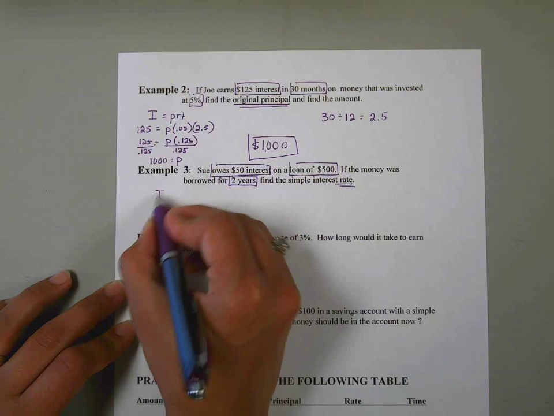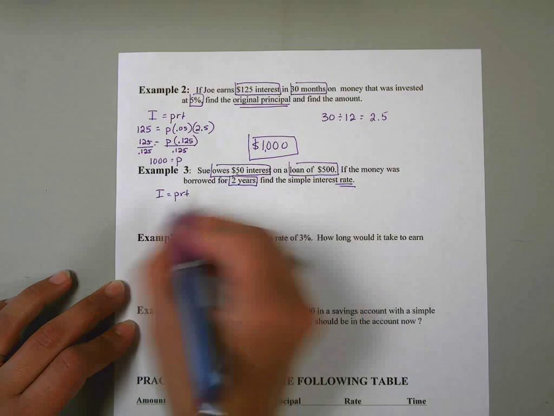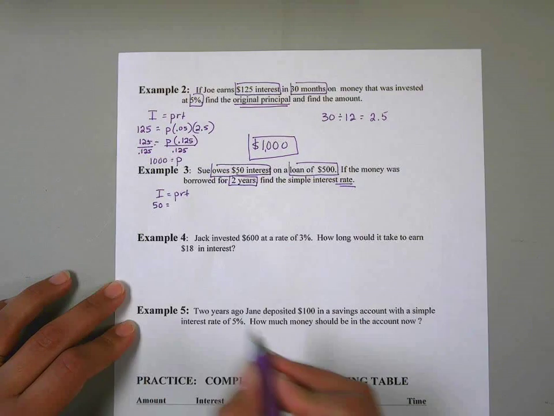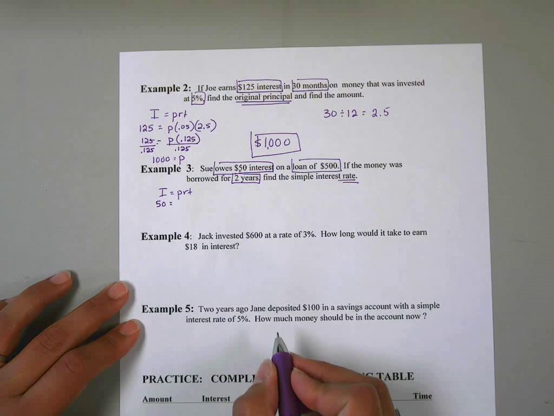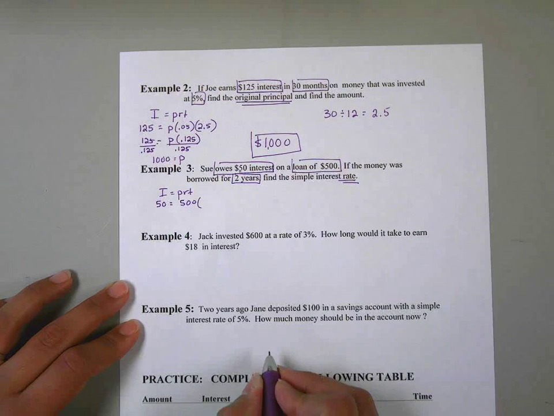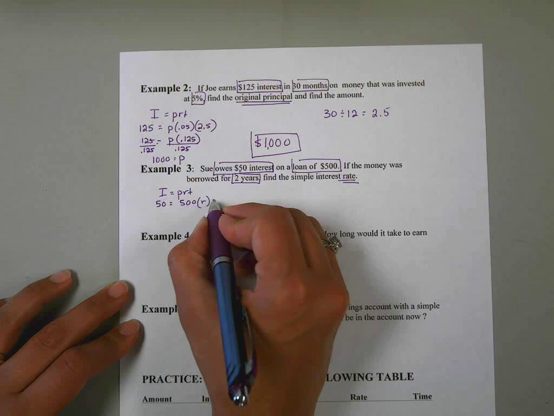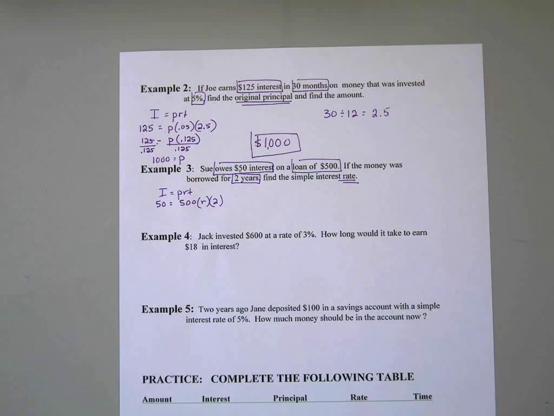So I equals PRT. She had $50 of interest. That goes under the I. She borrowed $500. That's our P. We do not know the rate, and we know that the time is 2 years.